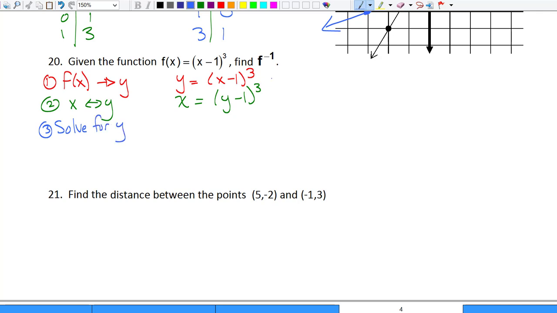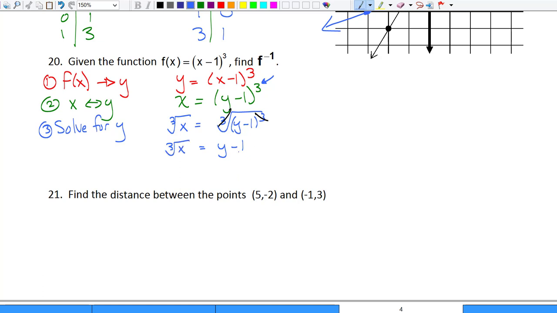So to solve for y, I need to get rid of this cube first, so I'm going to cube root both sides. The cube and the cube root undo each other, and you're just left with y minus 1.